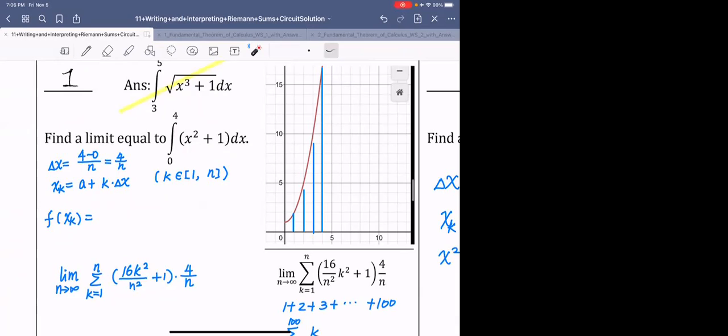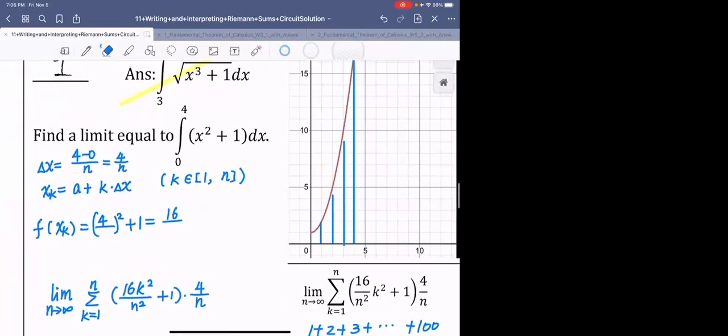Then plugging that in for x, you get 4k over n squared plus 1. So this becomes 4 over n, because a is 0, so we don't need to worry about it. We do this part plus 1, correct? So this is 16k squared over n squared plus 1. Sorry, n is the total number.